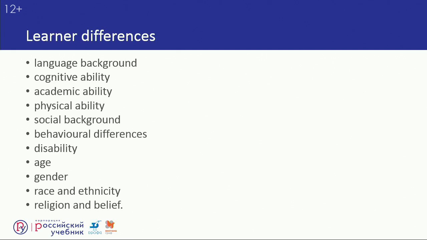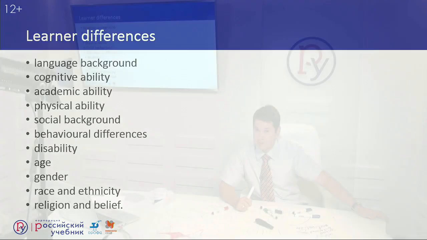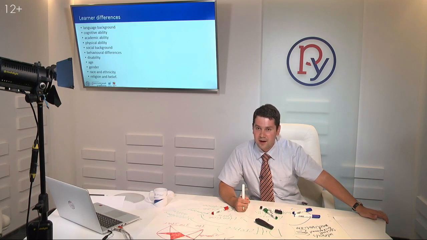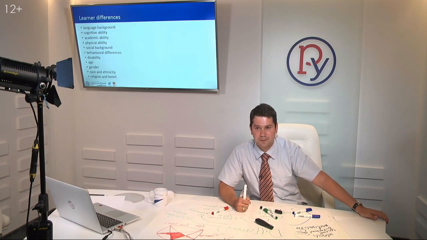Social background and family background. What is the value of learning in this family? And how important is good learning and communicating with people from other countries, and communication per se, in this family and in this particular social group?